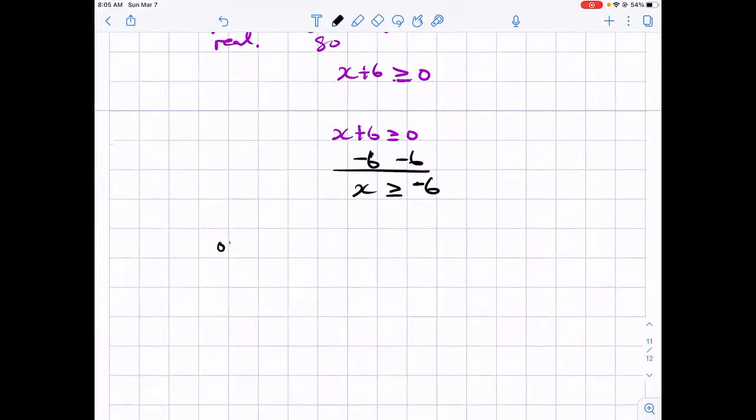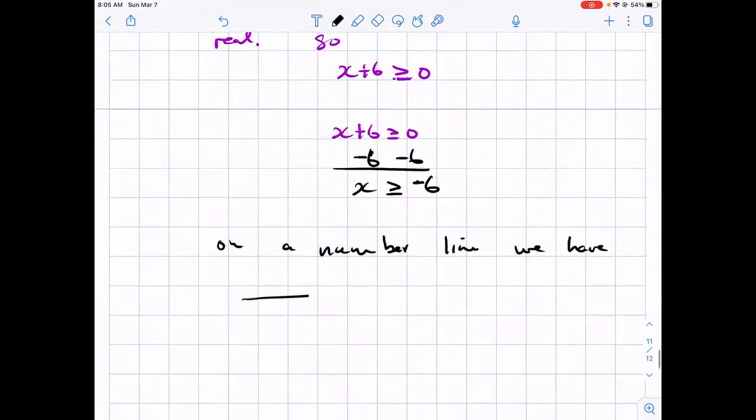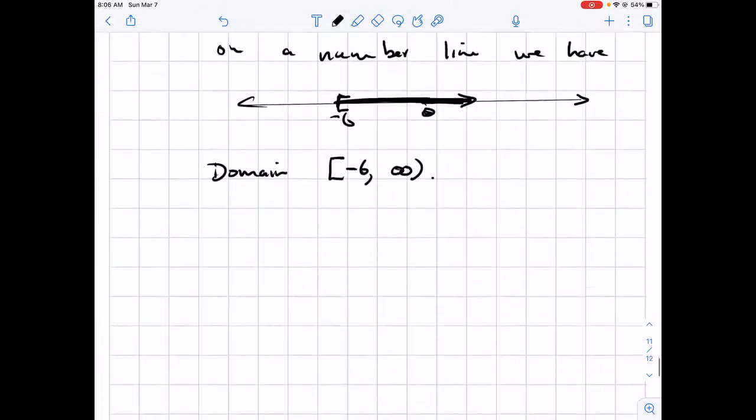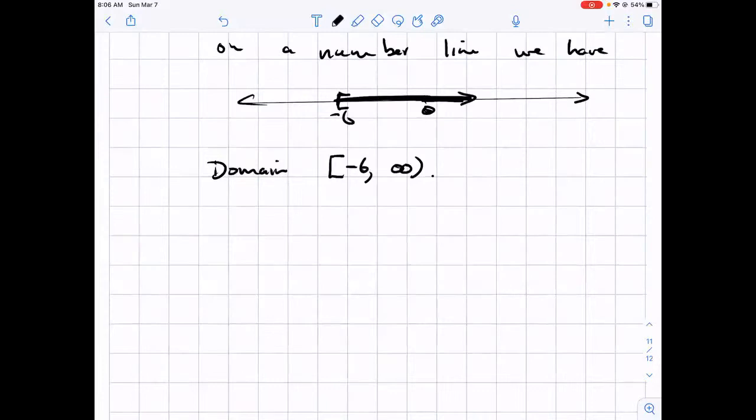So on the number line, from negative 6, greater than or equal to, everything on this side here will work. So the domain is from negative 6 to infinity. That's our domain. So we want to make sure that we try these things and put a good effort into observing how we find the domain.